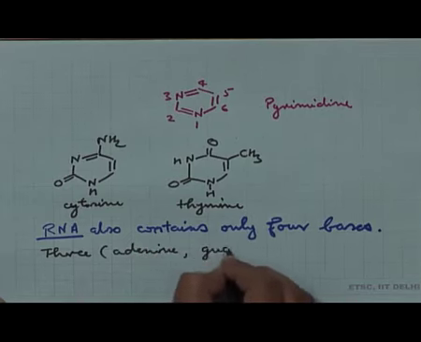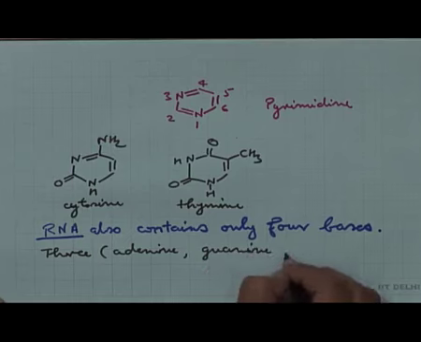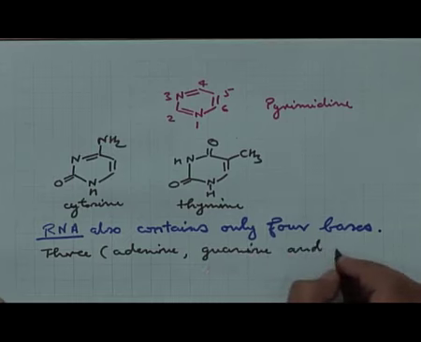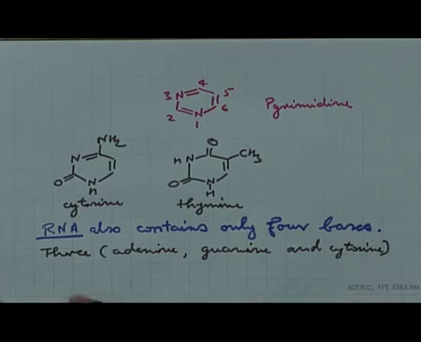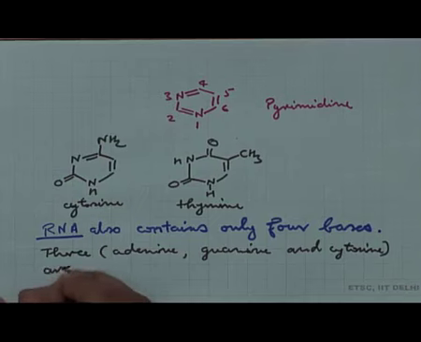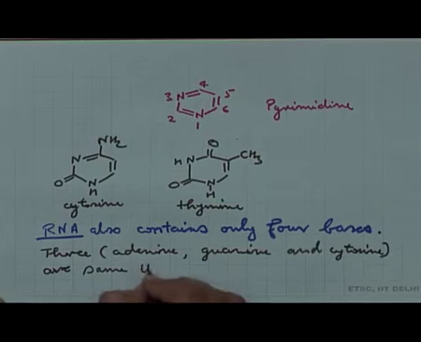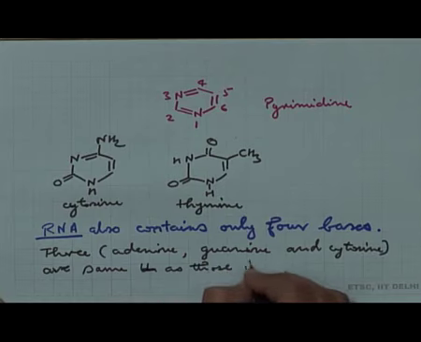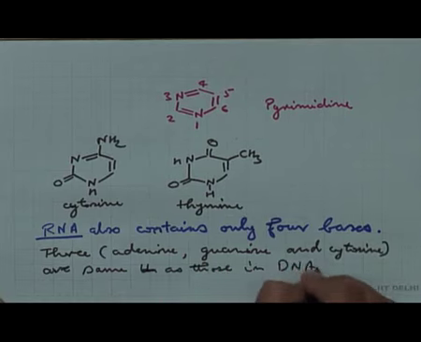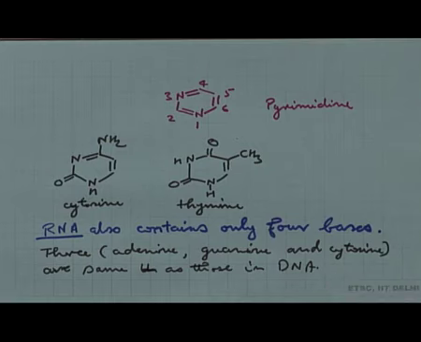Adenine, guanine and cytosine are the same as those in DNA. The fourth base in RNA is uracil instead of thymine.